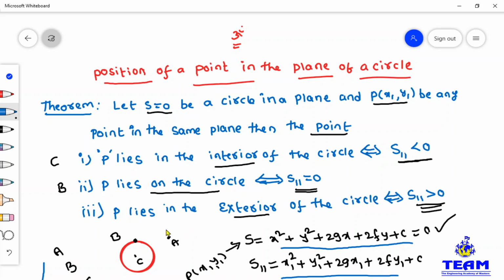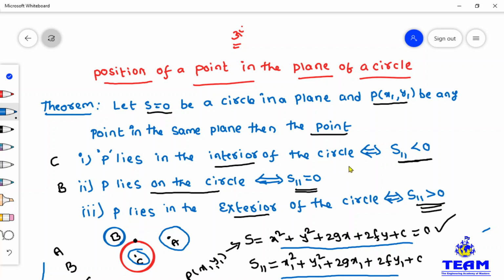The point is either outside of the circle or on the circle or inside of the circle. That's it. Okay friends, now how we can justify: if we substitute the point x1 comma y1 in S11, then you may get a positive value, or equal to 0, or less than 0.